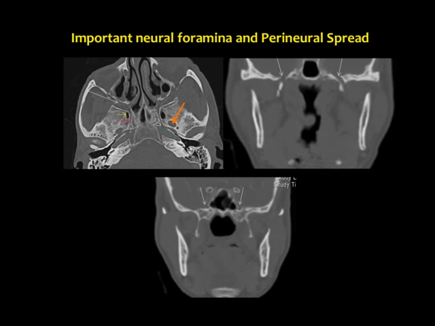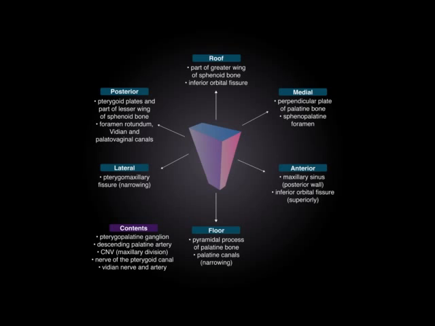I will go directly to the pterygopalatine fossa to explain what it is. I found this image from the net, from Radiopaedia, which describes the anatomy very well. If you want to know this, go back, see this image and read it well. So what is the pterygopalatine fossa?